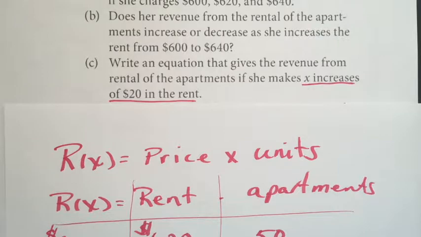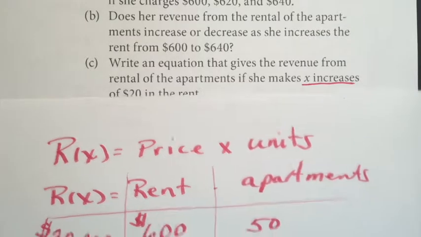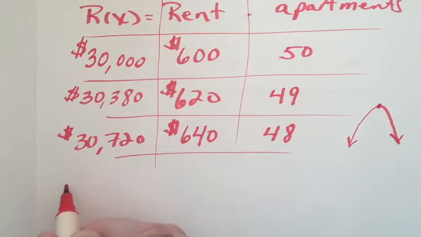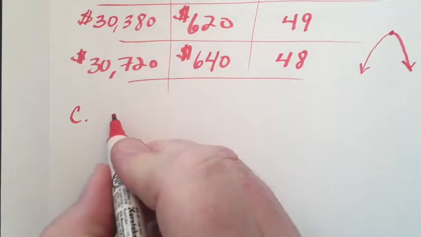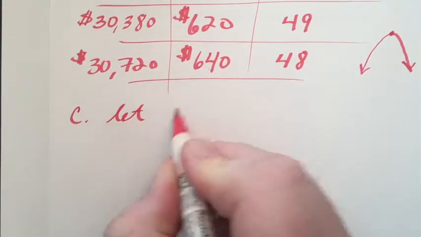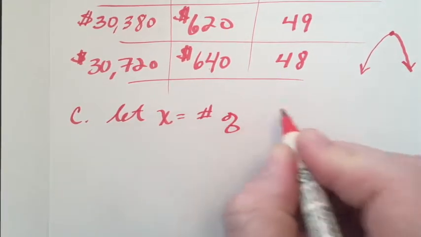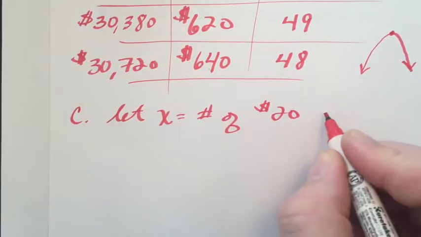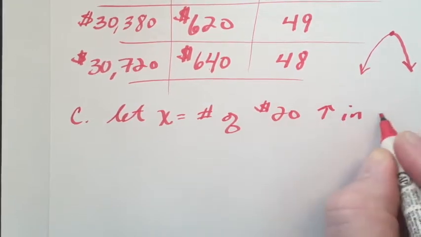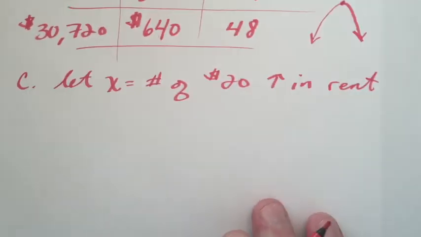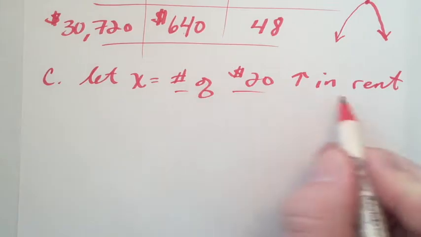Right now, we know that X is the number of $20 increases. So when it comes down here to part C, as you write part C, we're going to say let X equal the number of $20 increases in rent. And that's going to be really important for us. Okay?